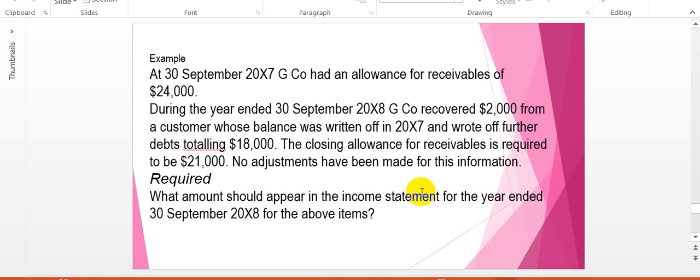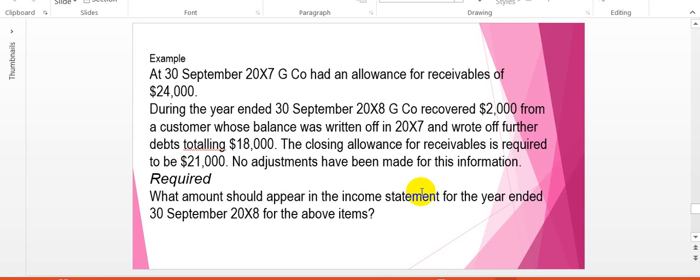So this 2,000 is going to increase our profit. But we also have a debt totaling 18,000, which we have to write off. So the 18,000 will reduce our profit in the income statement.